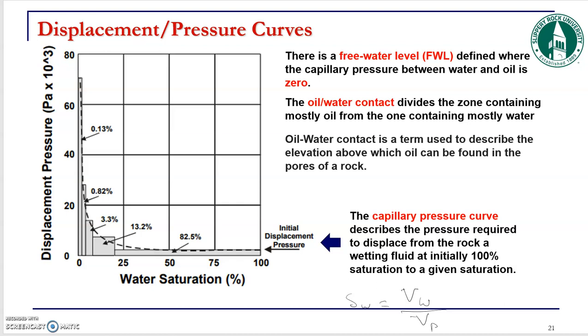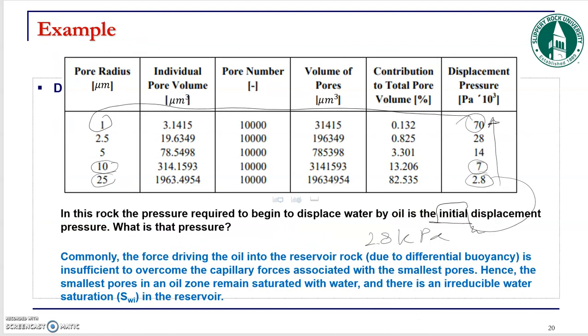And there is displacement pressure. So what does this figure tell you? It's displacement pressure. So if you inject the oil with pressures lower than 2.8, again, for example, 2 kilopascal, right? What happens? How much is the saturation of the water?